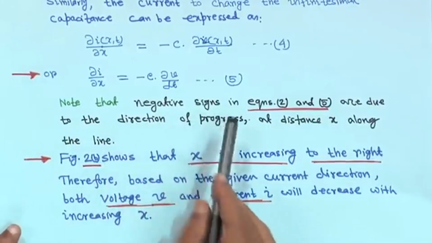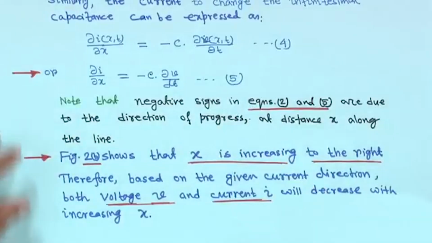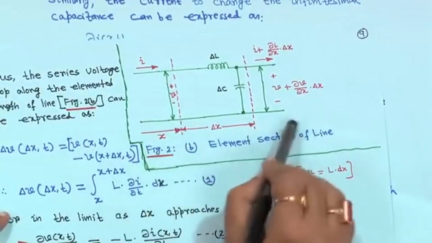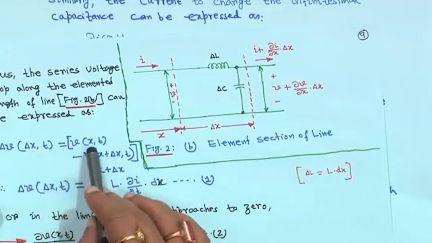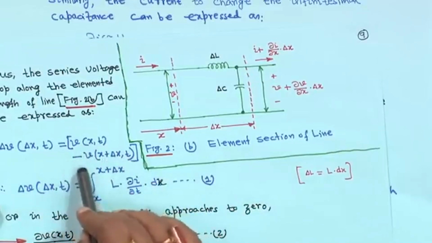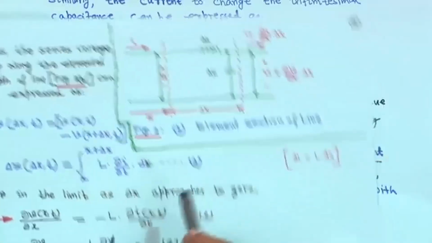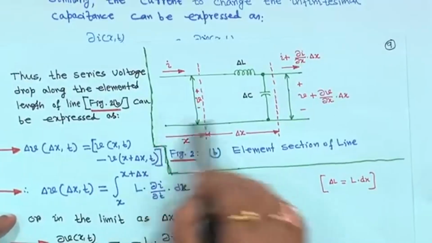Now, note that the negative signs in equation 2 and equation 5 are due to the direction of progress at distance x along the line. As it is moving from left to right, x is increasing. So, if you take minus common, it will be v(x plus delta x, t) minus v(x, t), and automatically it will come to this.